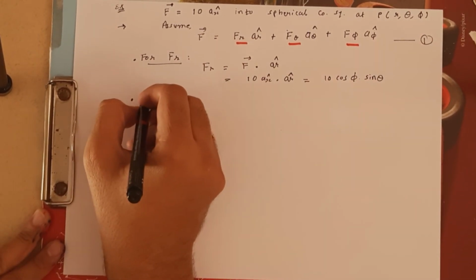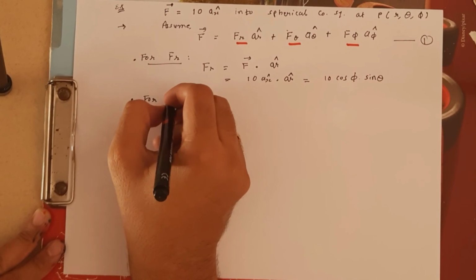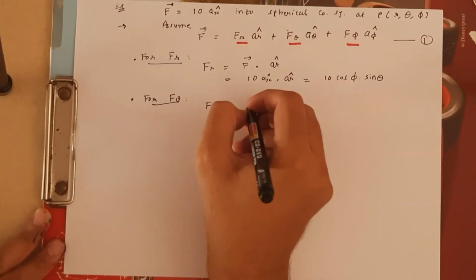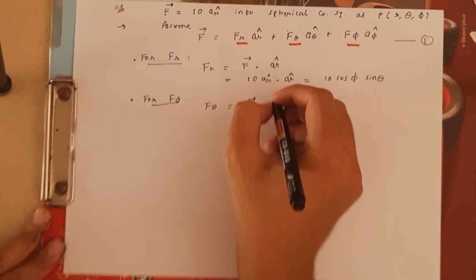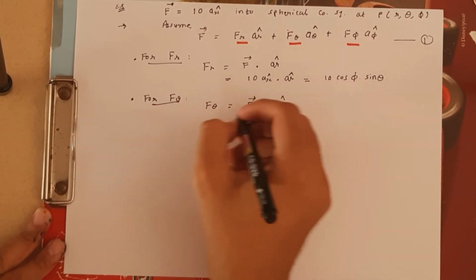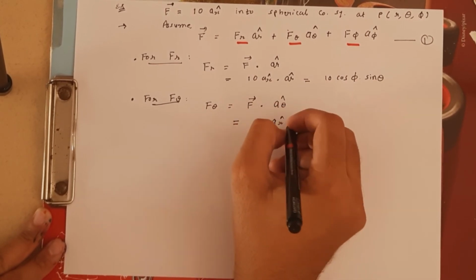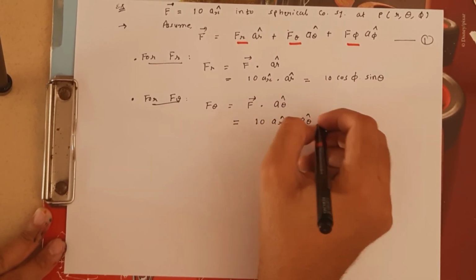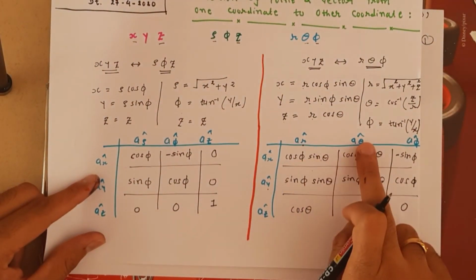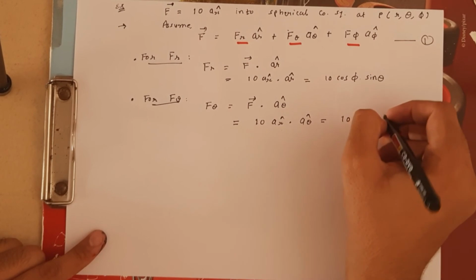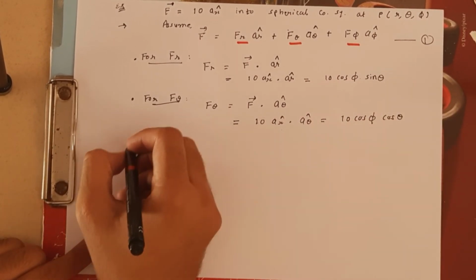Next, for F theta, F theta is equal to F vector dot a theta unit vector. F vector is given, 10 ax dot a theta. So a_x dot a theta is cos phi cos theta. So this is 10 cos phi cos theta.